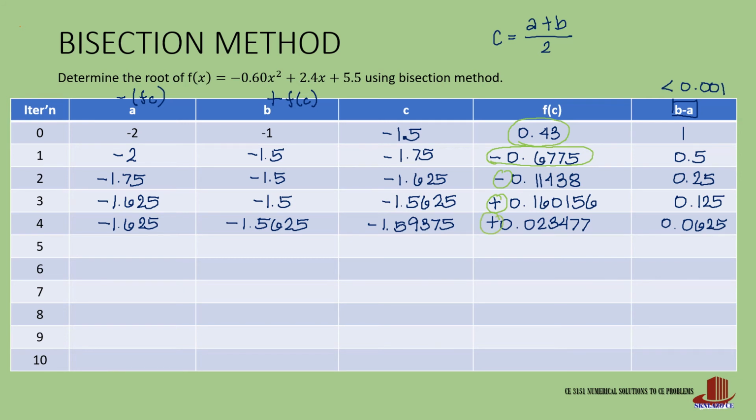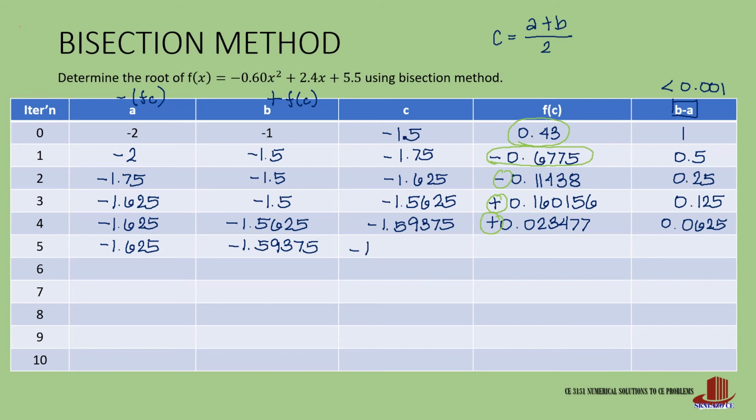So again, check that we have a positive function of c, which would mean that we are going to change or replace the upper limit. The lower limit would still be 1.625. The upper limit is then taken as negative 1.59375. Then take their average.